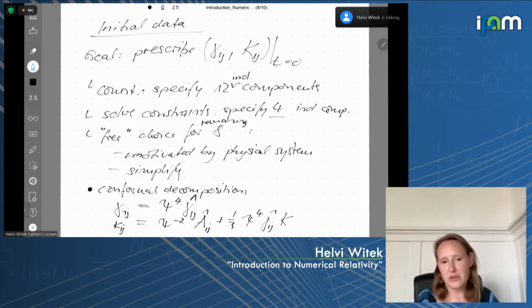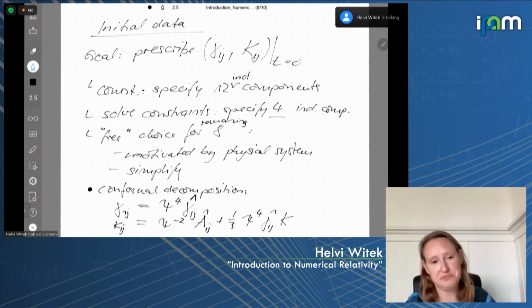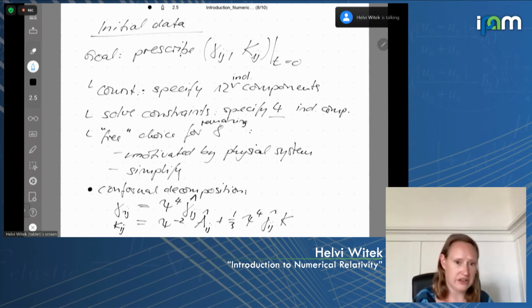And the choice of the conformal factor here is such that the divergence of the extrinsic curvature translates into only the divergence of the trace-free part of the extrinsic curvature. Right. So there's a simplification here by choosing the powers of the conformal factor.